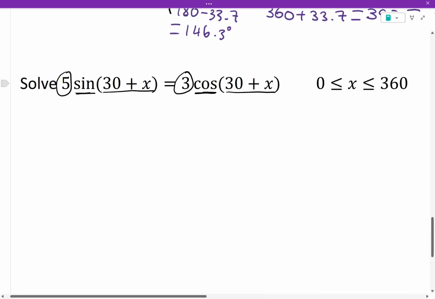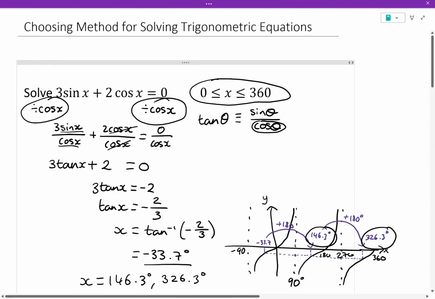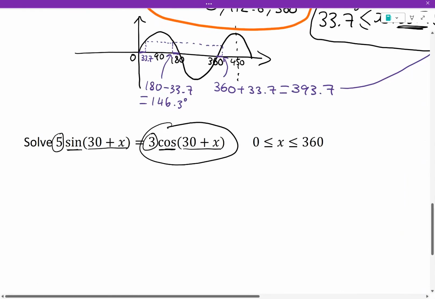So this format here very closely resembles the very first equation I did at the start, which was one where we had it equals to 0. If I wanted equals to 0, I could just put this term on the other side. Therefore, I can use the same approach that I used in that very first question, which was to make use of the fact that tan theta is identical to sine theta over cosine theta.